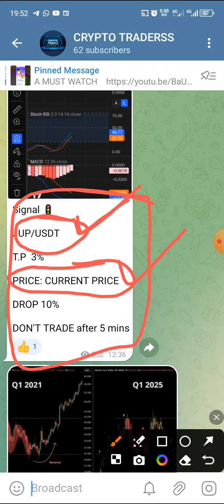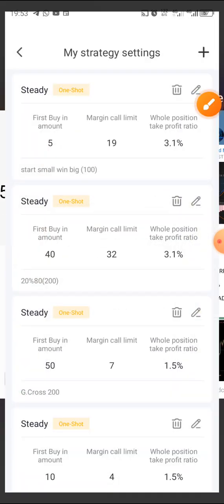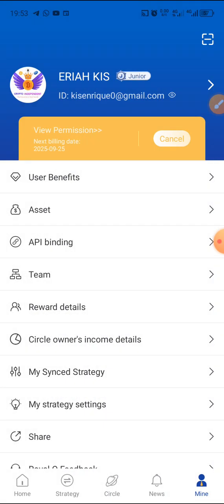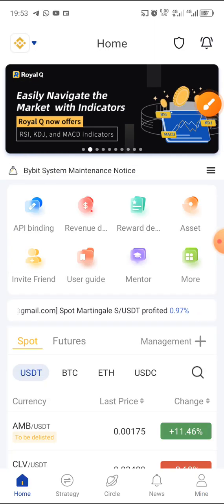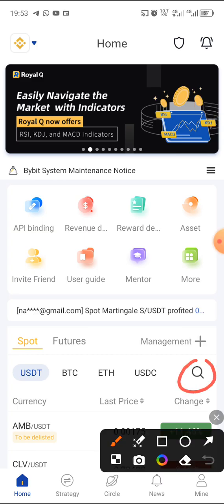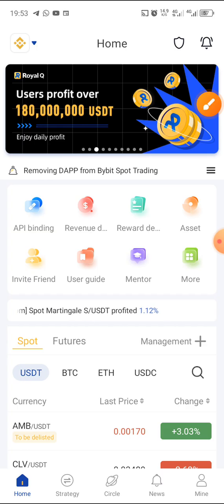How do you apply? Remember, we have already set our strategies. So you open your RoyalQ. Okay, click on home page. Come here on search.